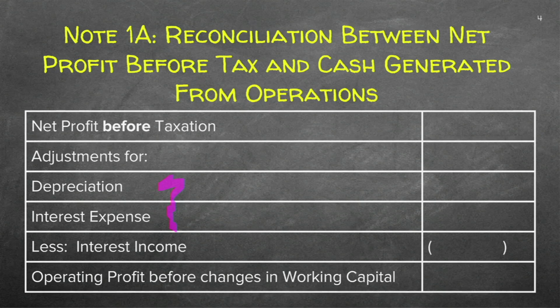But because they were imputed or non-cash transactions, we actually added the amounts back. And likewise with interest income, in the income statement, it reflected that money had been received, while money had not been received because the interest had been capitalized.